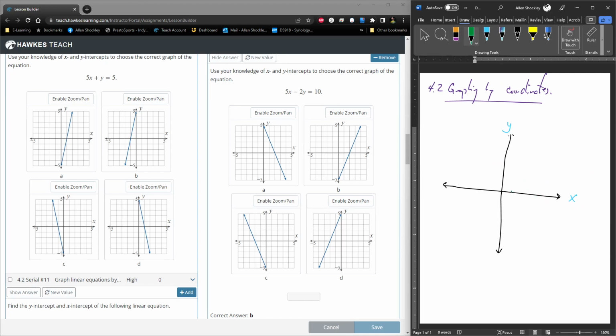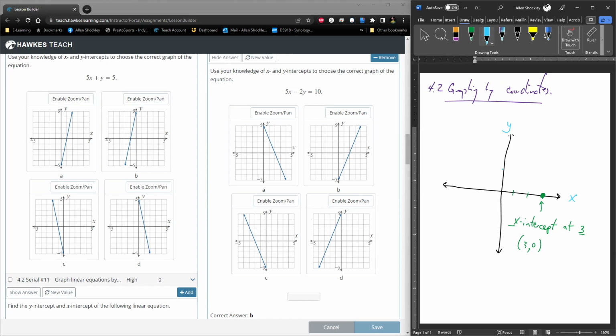So if a coordinate fell right here, this is an x intercept at 3, or more specifically, a coordinate of 3, 0. So x intercepts mean that the number occurs with that letter. So 3 and x means that my x is 3 and my y is defaulted to 0.